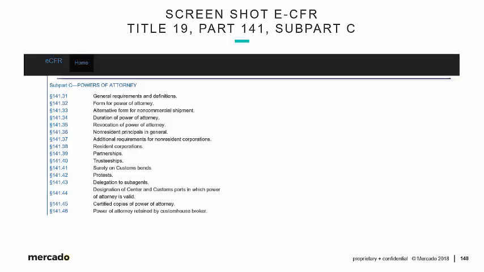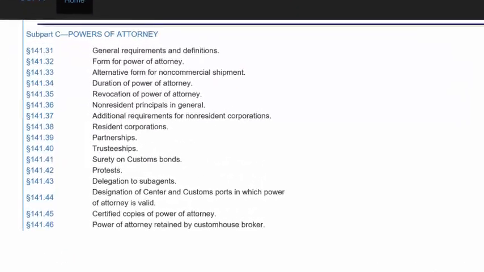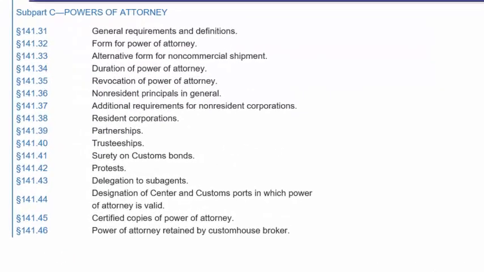We also selected as a screenshot from eCFR of Title 19, Part 141, Subpart C, which deals with powers of attorney that we dealt with 3, 4, 5 sections ago. Powers of attorney are really important, especially as an importer who's going to use the services of a customs broker, and also for the customs broker in order to act in an agency capacity on behalf of the importer. Subpart C is where all of the information that we need specific to POAs can be found.